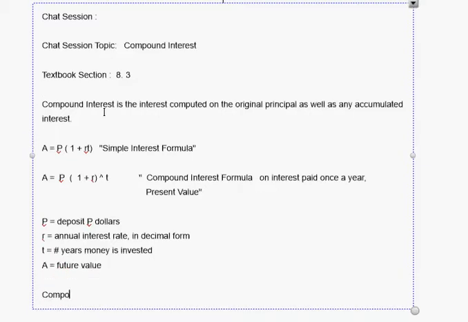Now, a compounding period is the period of time between two interest payments.